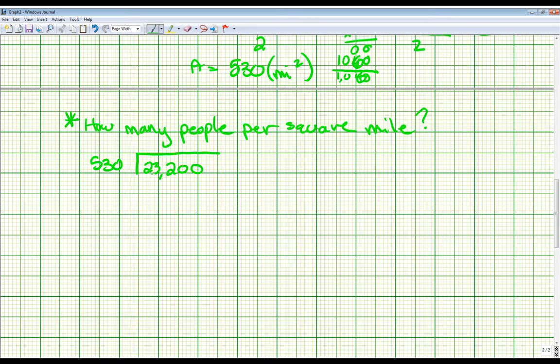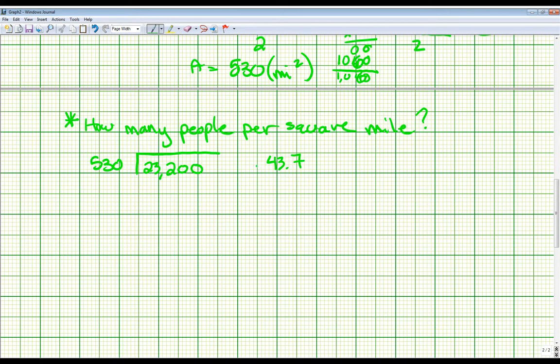It's a great thing that you guys get to use calculators on this, or you'd have to start practicing your long division here. If you divide this on your calculator, you would put 23,200 in your calculator first, divided by 530. When you do that, you get about 43.7.